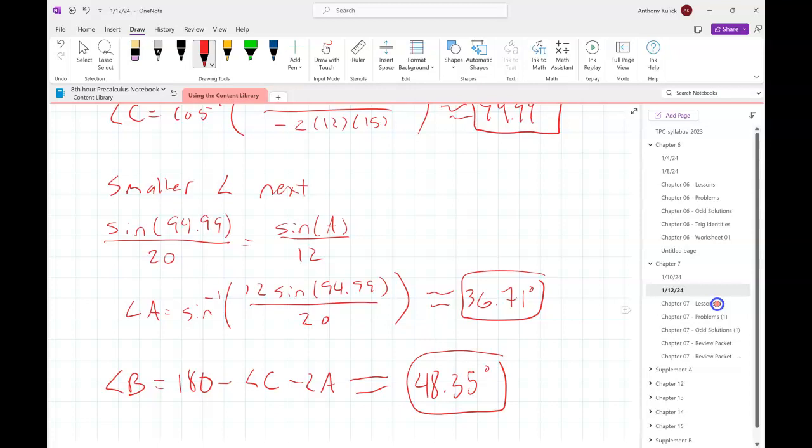Kate, was angle A the smallest or the second smallest? It is the smallest. So you go biggest, smallest. Well, you're going to say smaller of the two, right? I always say smaller of the two because in an SAS situation, it might not be the smallest. The given angle might be smaller still.